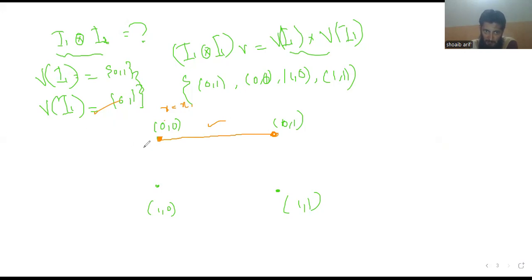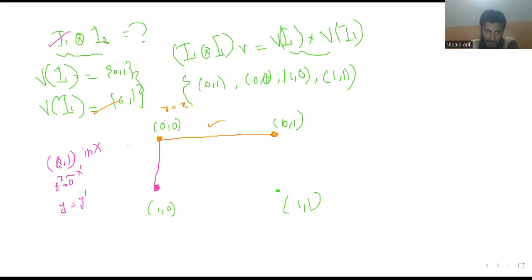Now let's check (0, 0) and (1, 0). There is an edge 0, 1 in X, and the second coordinates 0 and 0 are equal, so x is related to x' and y equals y'. There is an edge between these two ordered pairs also.